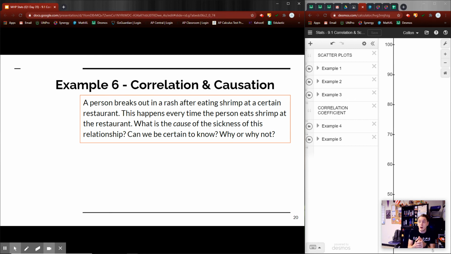If you're allergic to cats, all you need to do is just be around cats and then you start being allergic, right? So you could be allergic to something else other than shrimp, but you keep eating shrimp because you really like shrimp. It could just be something else in the restaurant. You don't know, right? So you cannot be said to have certain knowledge that the shrimp is what causes your sickness. It is correlated, but that does not mean that it is caused.